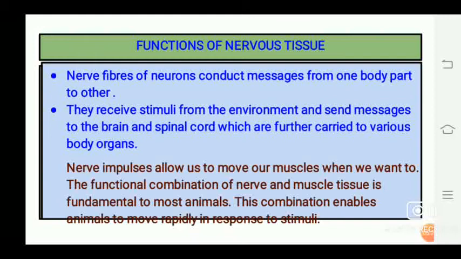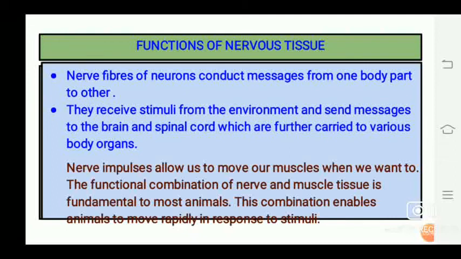Nerve impulses allow us to move our muscles when we want to move them.